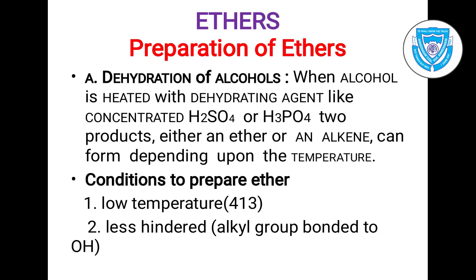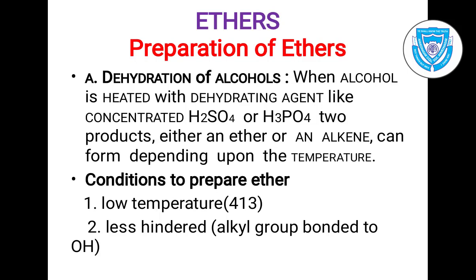Ethers are formed by dehydration of alcohol. In this reaction, importance is given to the temperature, and one more condition is essential, that is, there should be less hindrance of the alkyl group. What happens in dehydration of alcohol is, when alcohol is heated with a dehydrating agent like concentrated H2SO4 or H3PO4, two products can be formed, either ether or alkene.